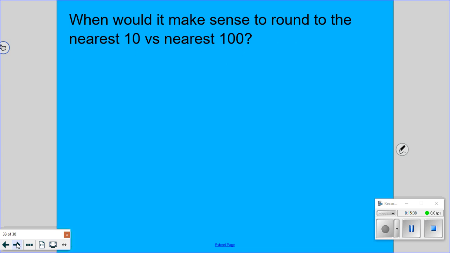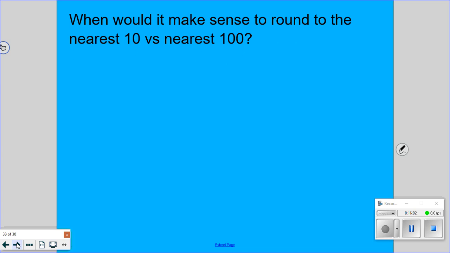Are you listening to this genius right now? Evelyn, say it one more time. It makes sense to round to the nearest 10 when you want to be more exact. It makes sense to round to the nearest 10 when you want to be closer to that exact number. Right? 45 was way closer to 50 than 0.